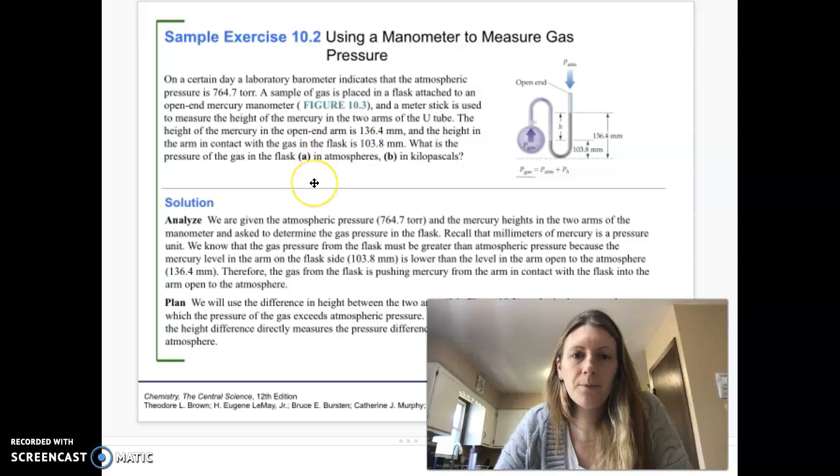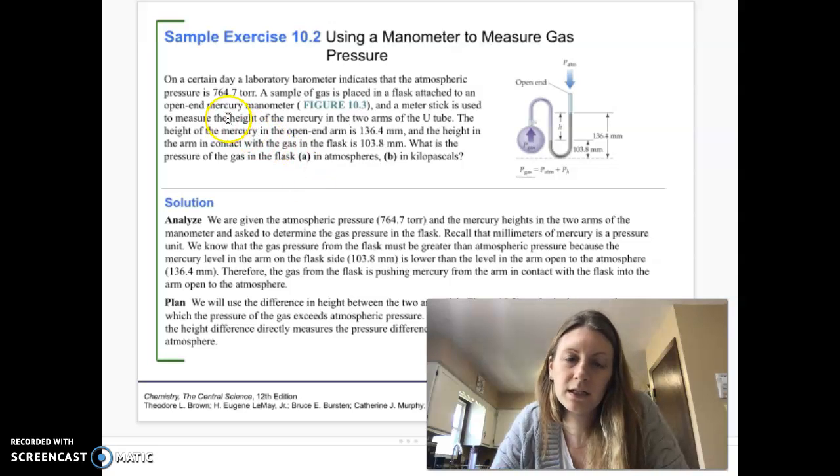Alright, so using a manometer to measure gas pressure. This is example 10.2. On a certain day, a laboratory barometer indicated that the atmospheric pressure was 764.7 torrs. A sample of the gas is placed in a flask attached to an open-end mercury manometer, as you can see in this figure here.